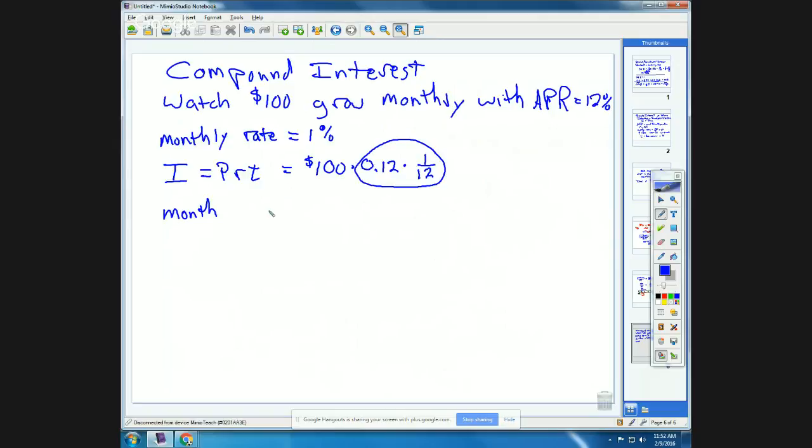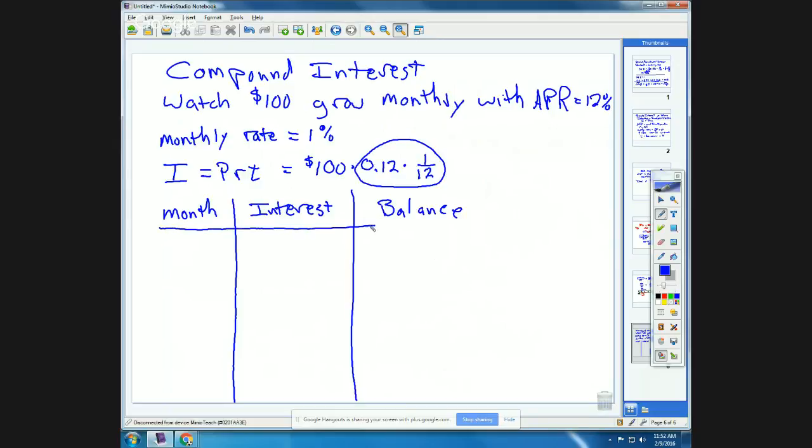And let's see, we should keep track of the interest. And we should keep track of the balance. And we're just going to watch.